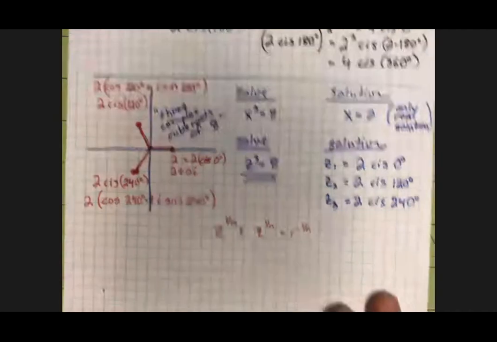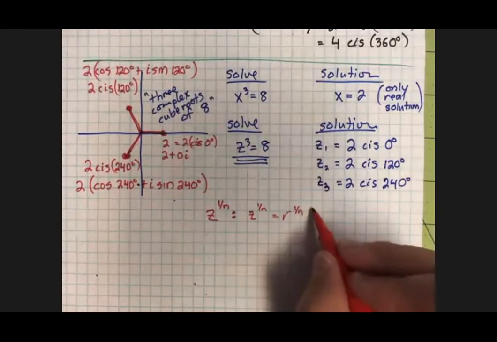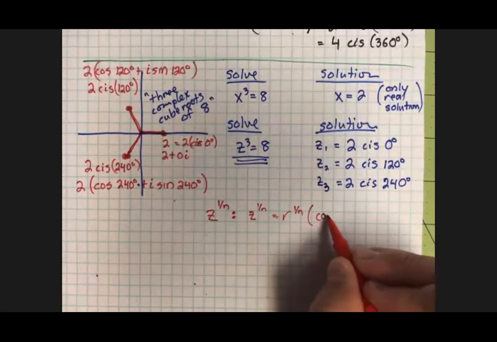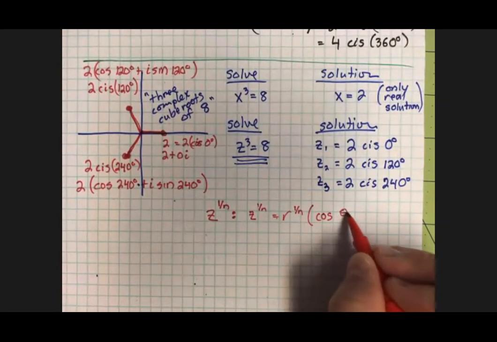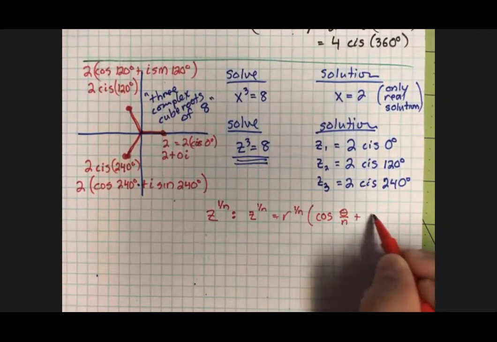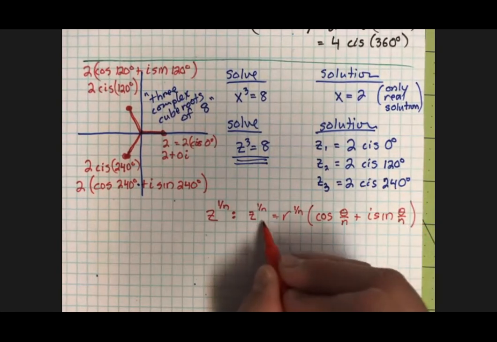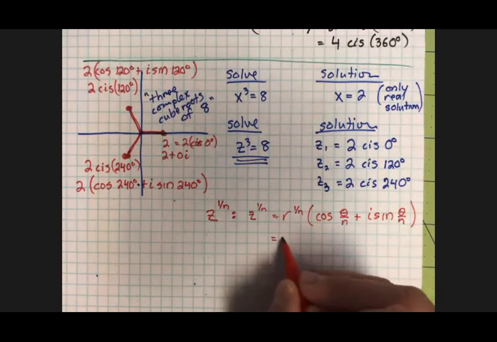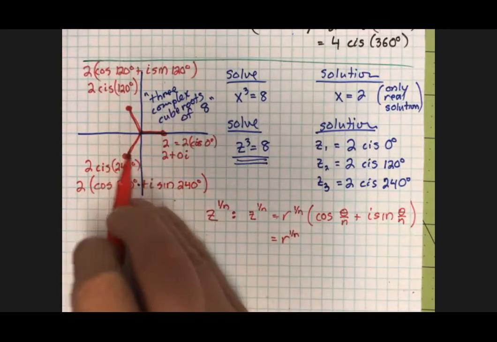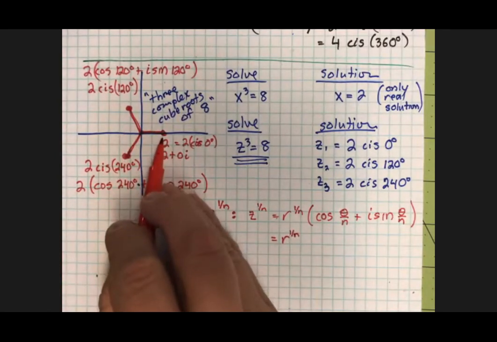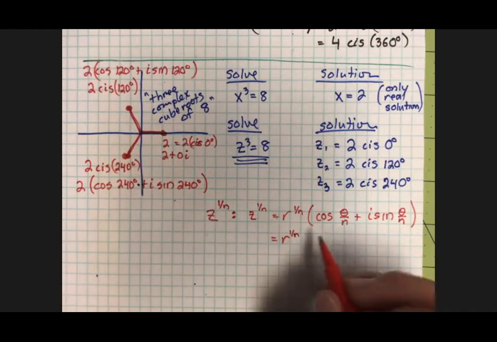It's always the nth root of the radius, but then I have cosine of theta over n plus i sine theta over n. But then I've got to take 360 divided by n. In this case, 360 divided by 3 is 120.